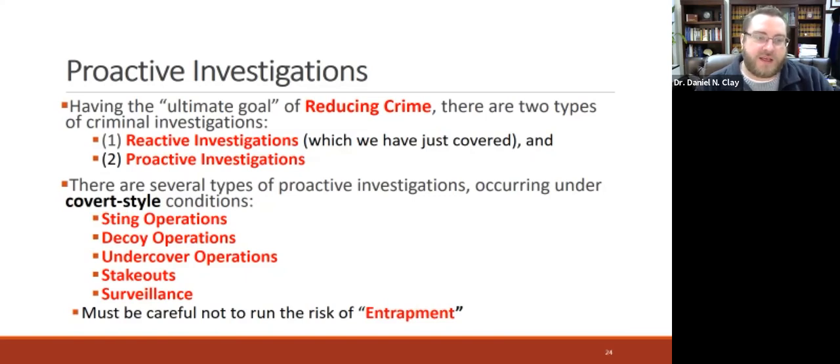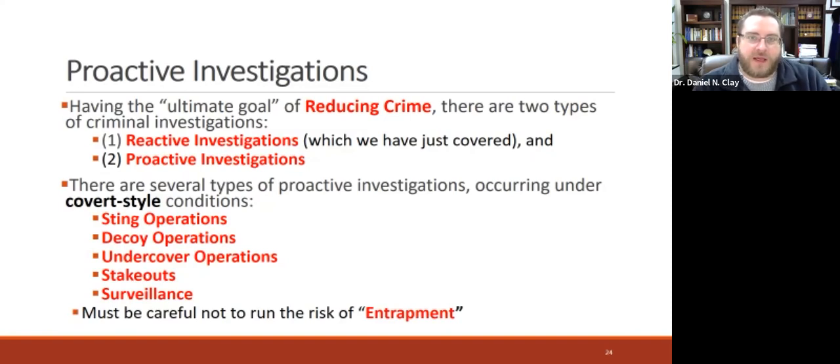So let's say you're trying to do a prostitution sting, and you're trying to get the Johns. You have a hotel room that's wired, and right next to it is a group of waiting officers, and every time a John comes to the hotel room, you close the door and arrest them, etc. Right? Usually we're not too worried about entrapment there.